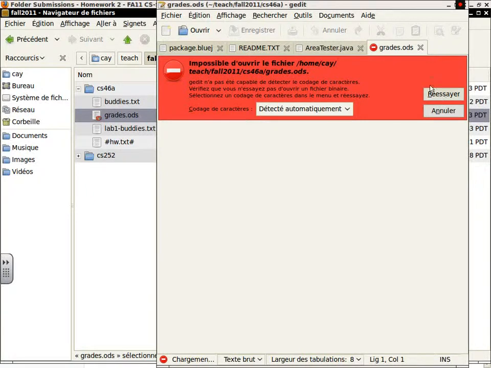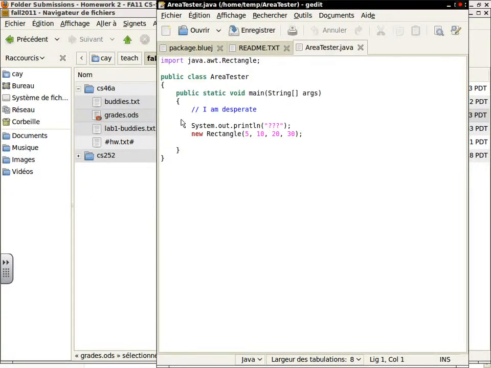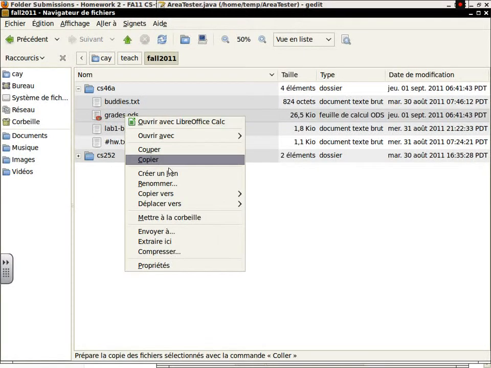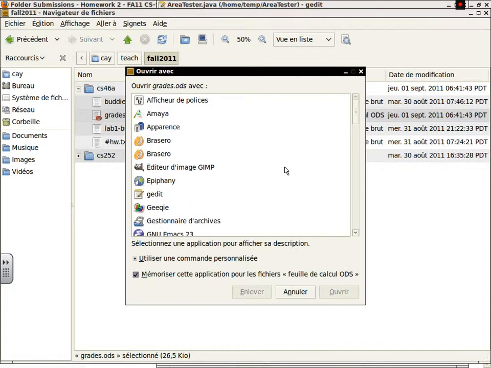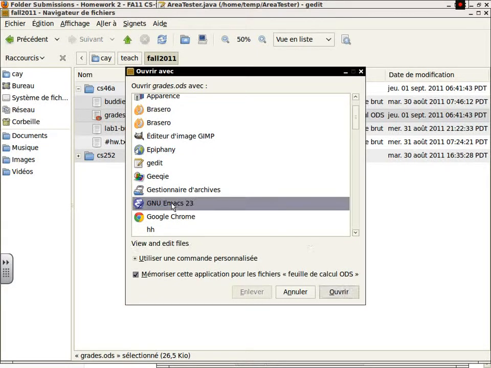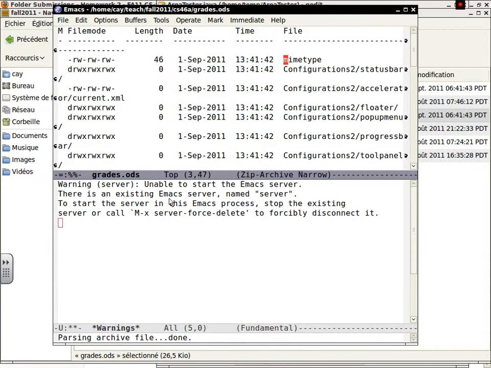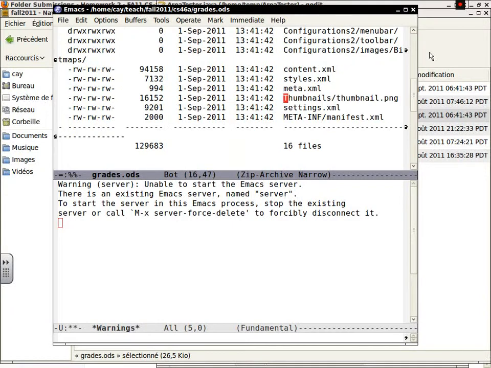It won't even let me open it. It's smart, it unzipped it. The point is, there's some stuff in there.